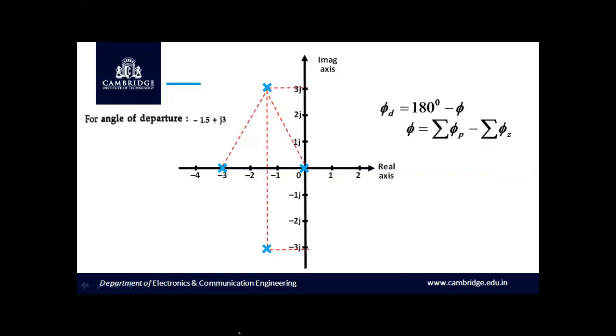So for the angle of departure subjected to minus 1.5 plus 3j, now we are going to calculate the angle contribution of the pole at s equal to 0, which I have represented as phi p1.